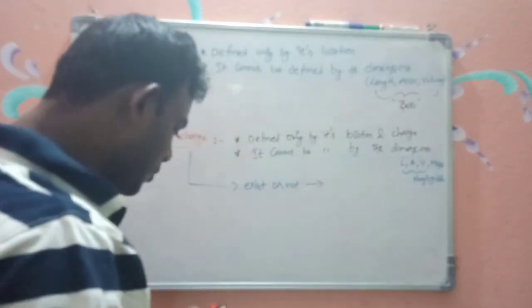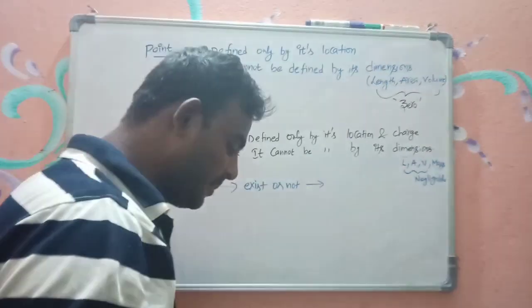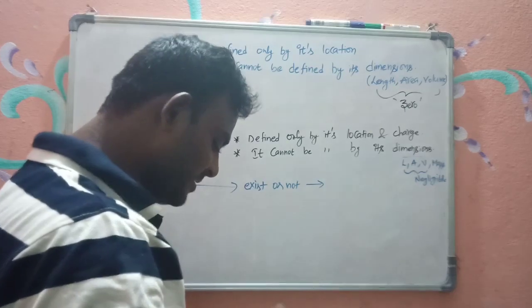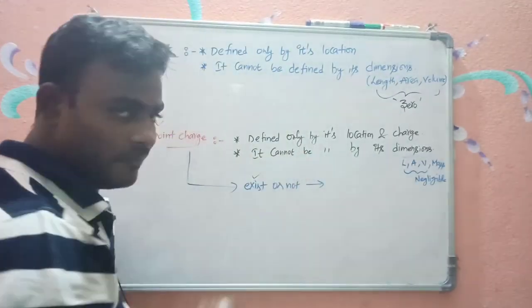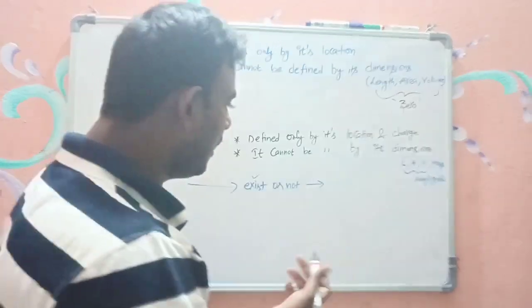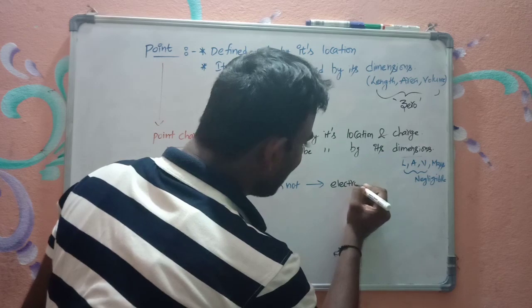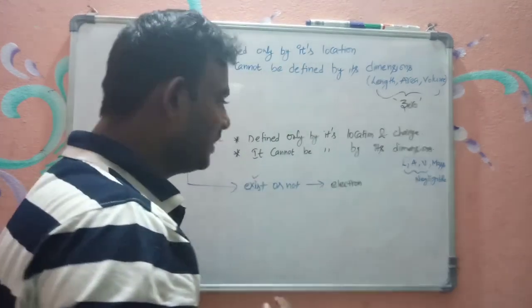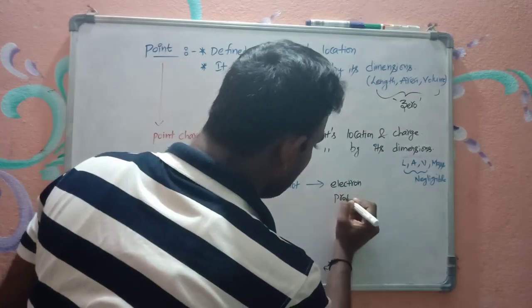Now we can say that practically there are no point charges, but we can consider some charges as point charges. In which cases? So they exist now. My answer is they exist. How? We have an electron inside an atom, and we have a proton.